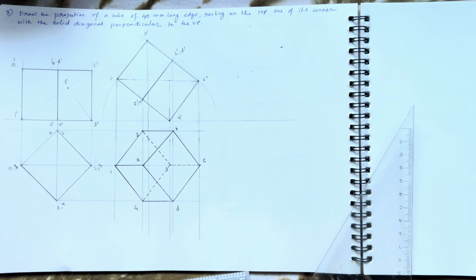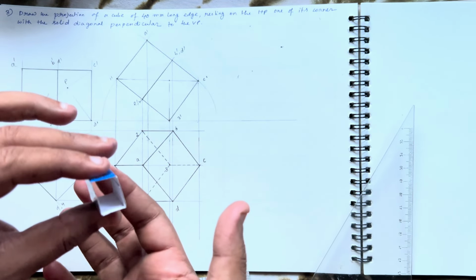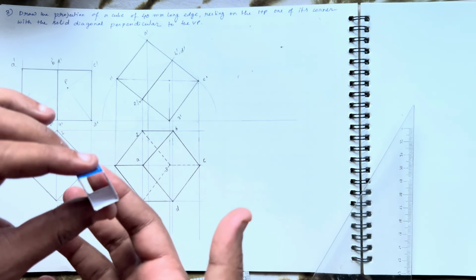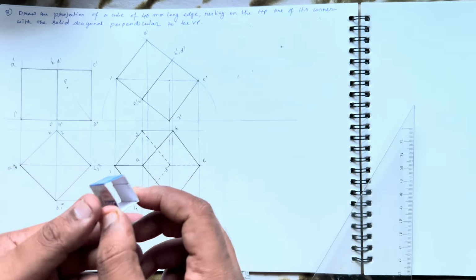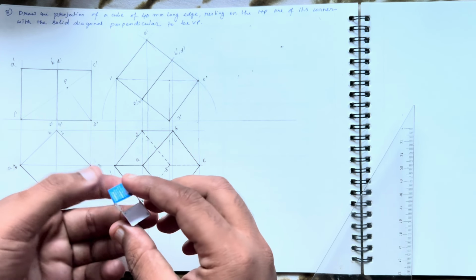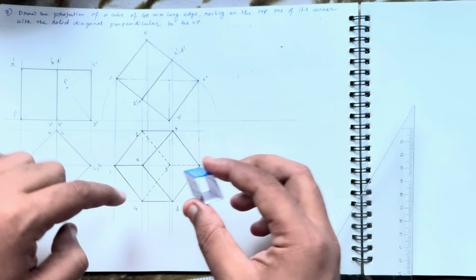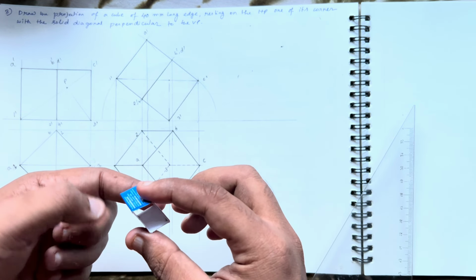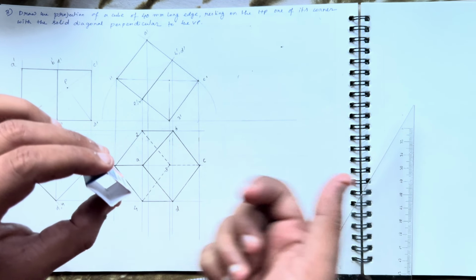That means if it is like this, the lower portion is not visible, but this one and this one are visible. If you see like this, these 4 points are visible, and these 3 points are visible, and the lower portion, this point, this side or this side, is not visible.